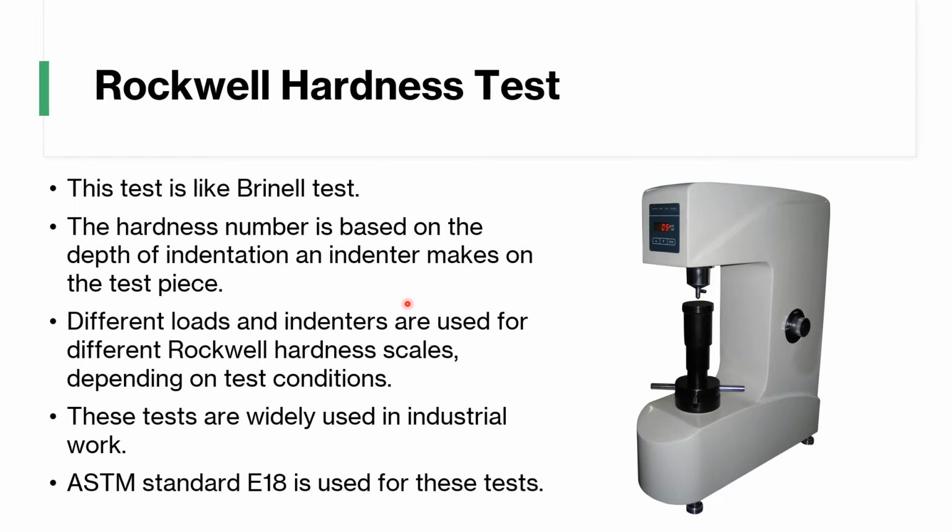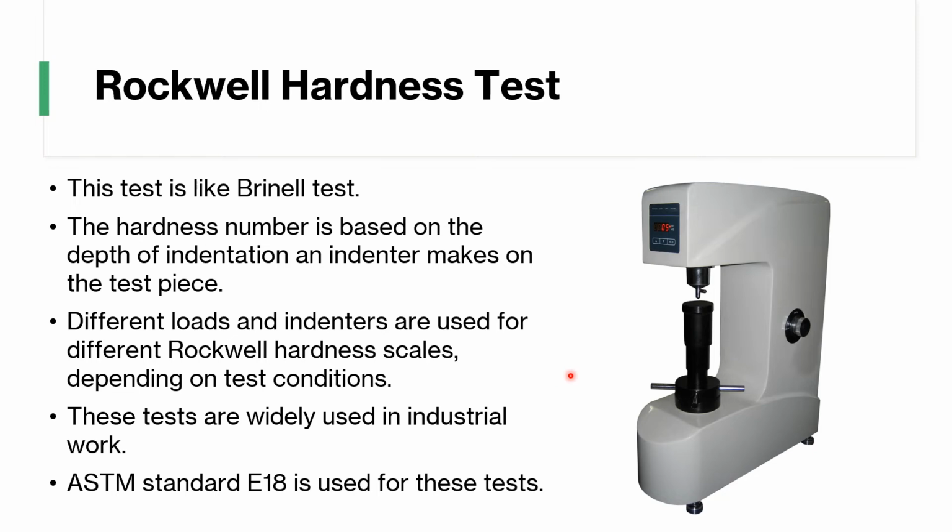The next hardness test is your Rockwell, and it's pretty much like the other one, your Brinell test. So the hardness number is actually based on the depth of indentation, and that indentation is on your specimen. Okay, here you can see that there's no specimen on this instrument.